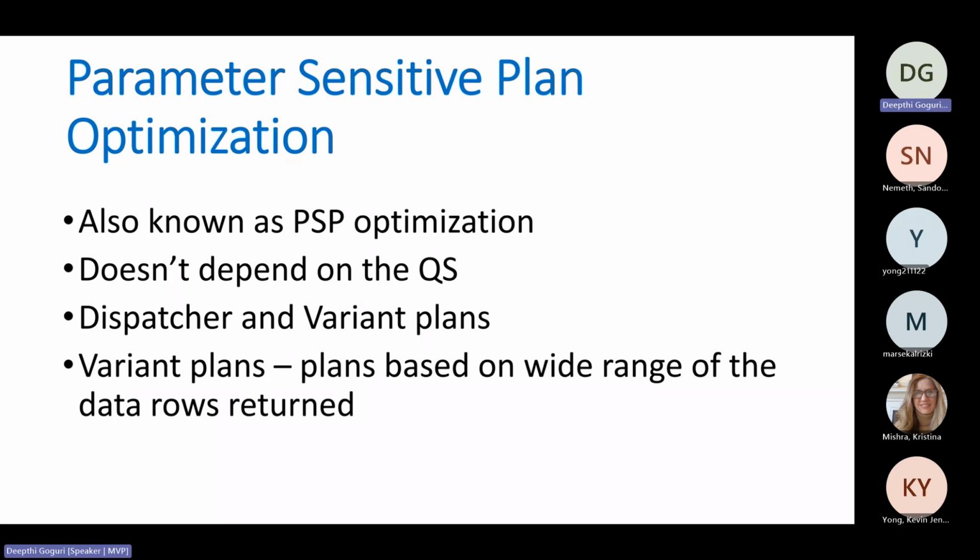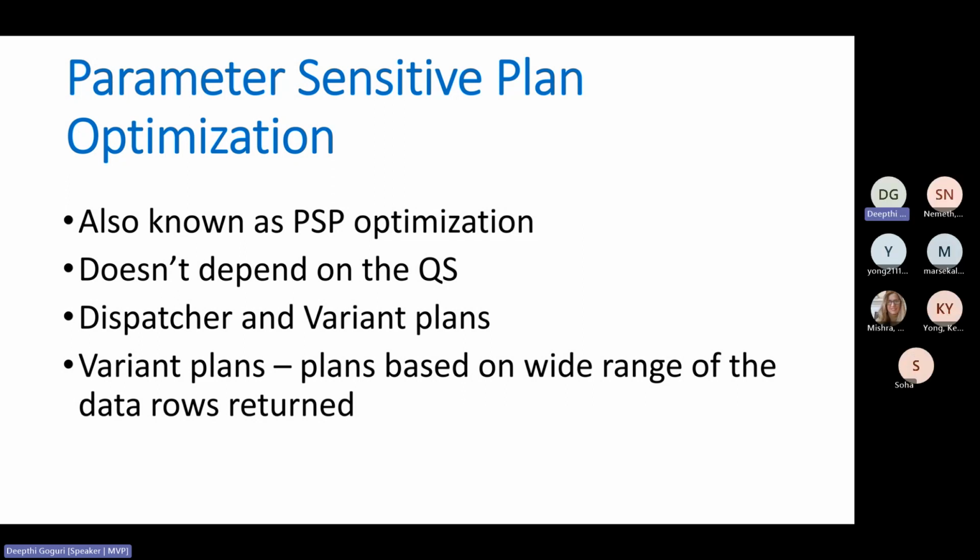Let's say there is a stored procedure where most of the parameters give only a couple of hundred records, but some parameters will give me millions of records for the same stored procedure with a different parameter. The usual SQL engine will create the execution plan the moment that you execute a stored procedure, and if it is executed with a parameter which has too many records, that's not a good parameter because most of your executions will give only a couple of hundred records, right?